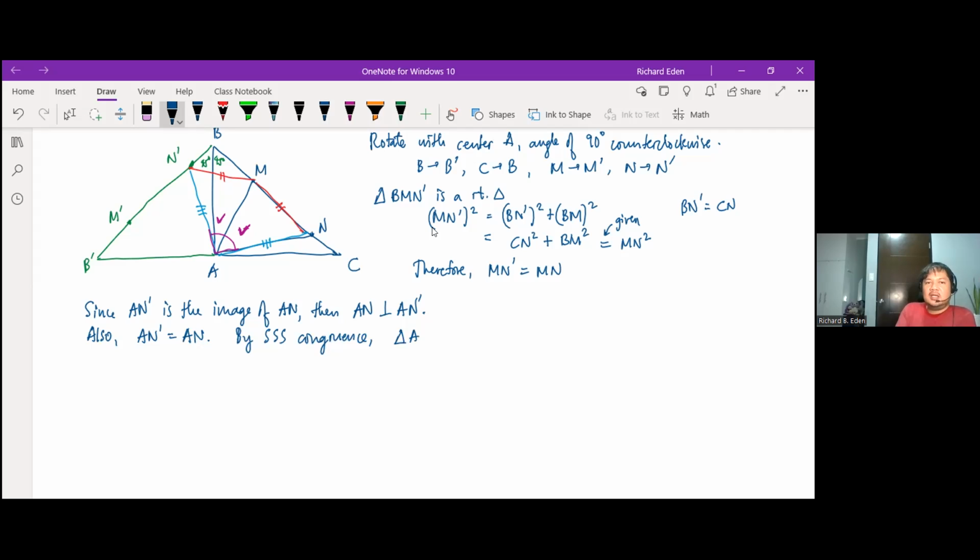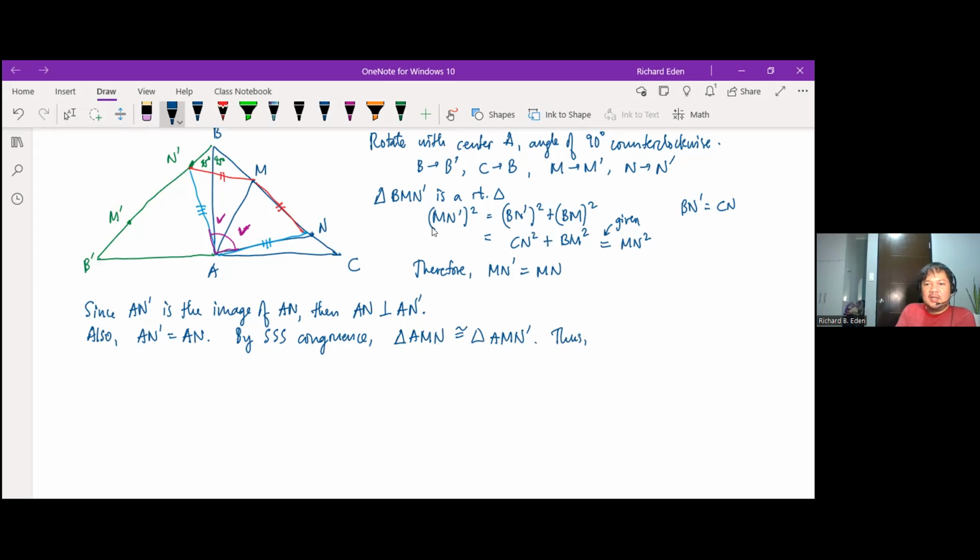triangle AMN is congruent to triangle AMN prime. Why does the congruence follow? It's because they share AM, and then you have the red segments and the blue segments. So the two triangles are congruent. Therefore, the angles there in purple are congruent.